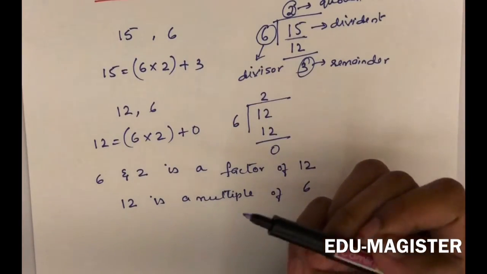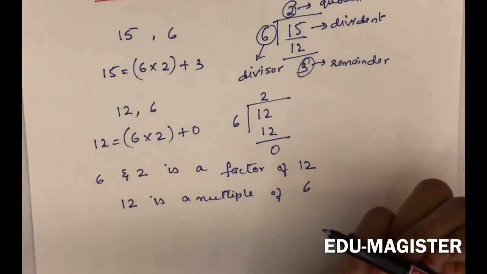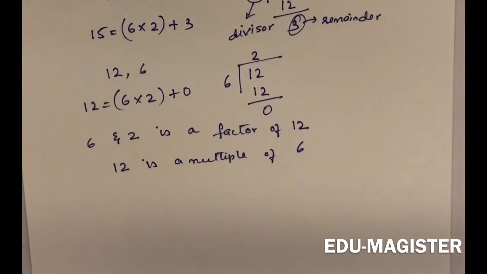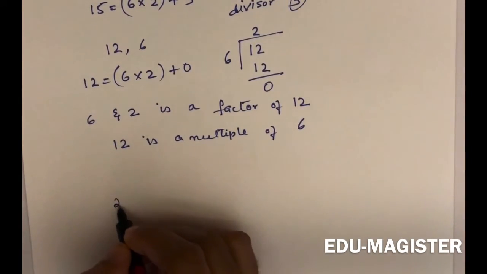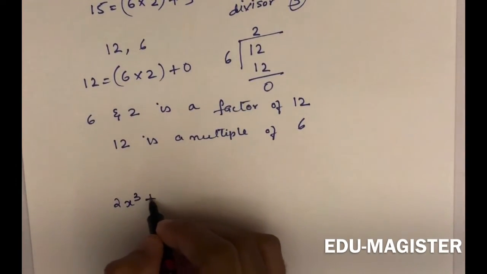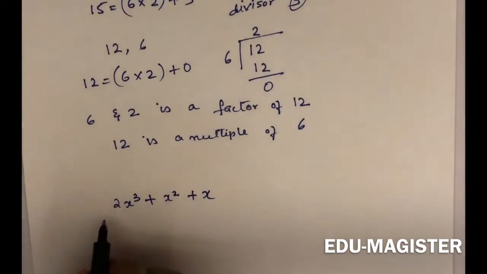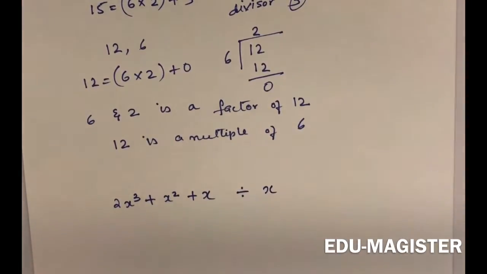Likewise, let's try dividing two polynomials. So take an example of a polynomial, that is 2x cube plus x square plus x. Let's divide this polynomial with a monomial x.